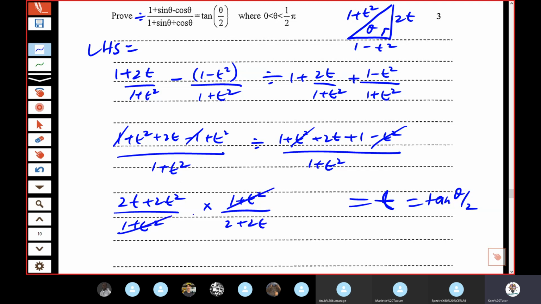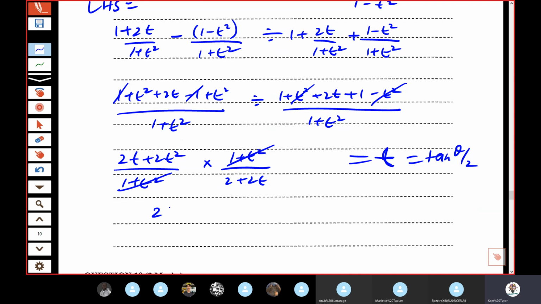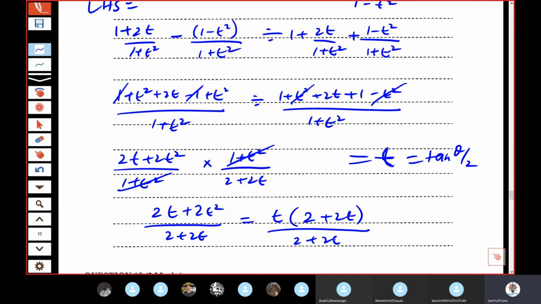At this stage, these two cross out. Next, I'm left with 2t plus 2t squared on 2 plus 2t. Next line, maybe now I would factorize t out. And I'm left with 2 plus 2t, 2 plus 2t, cross, cross, left with t.